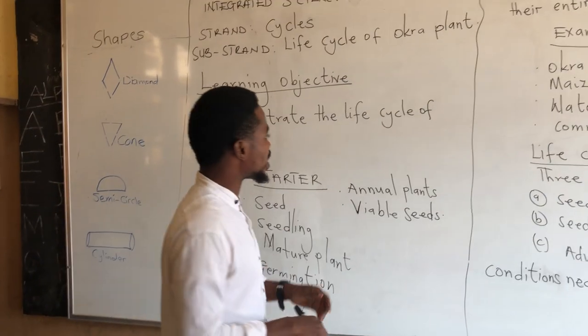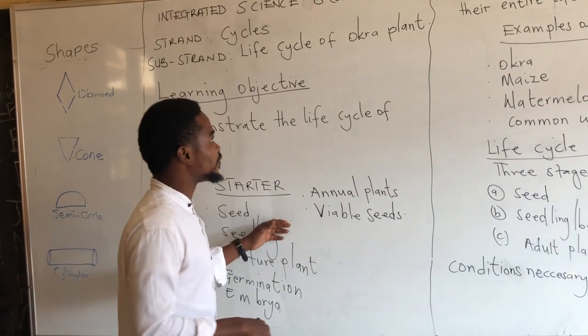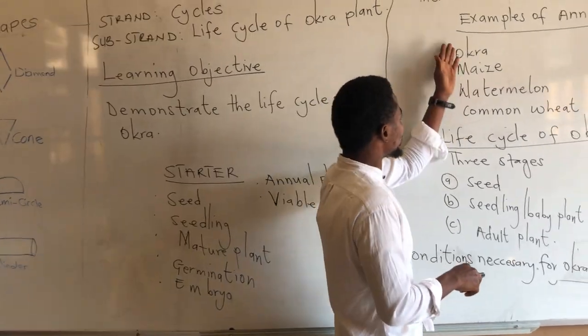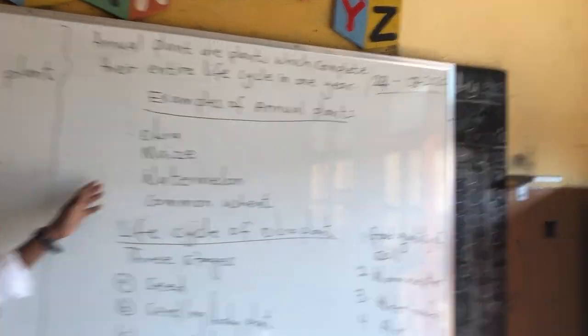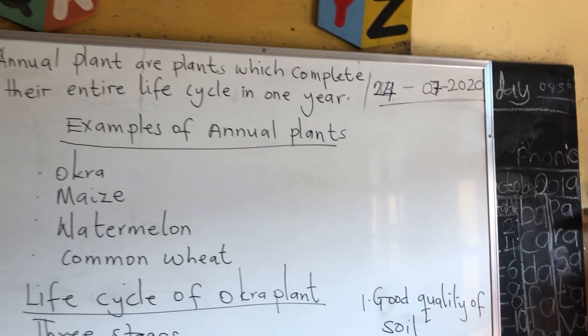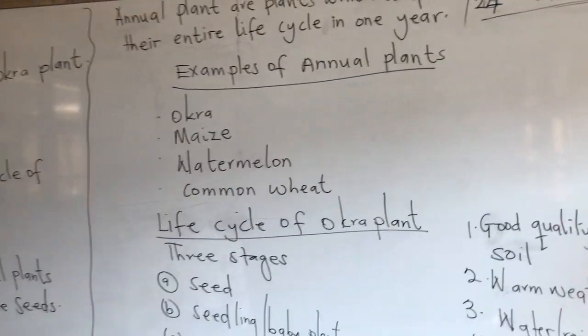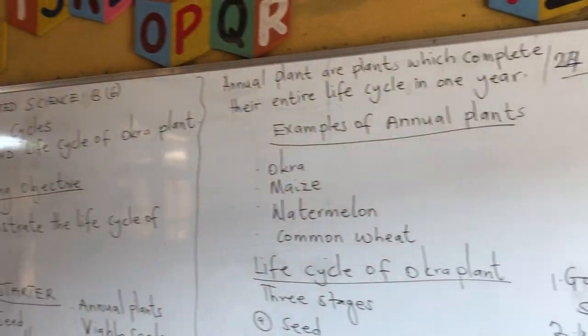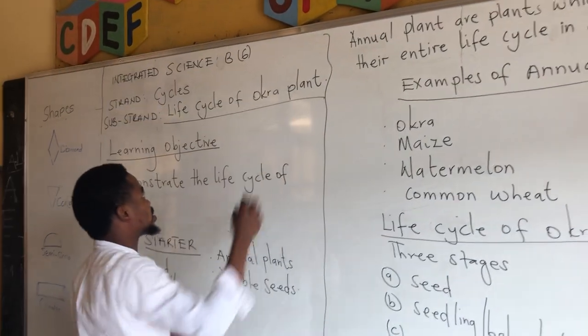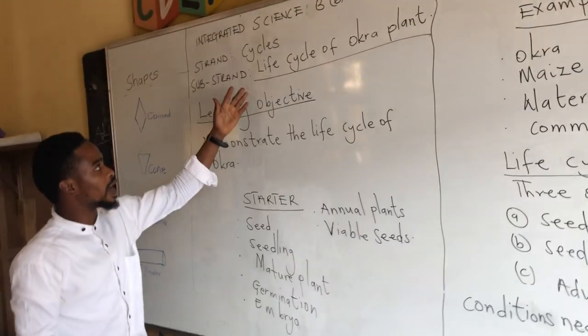Today we want to look at two things here. First of all, we want to look at examples of flowering plants. And first of all, our substrand is life cycle of okra.